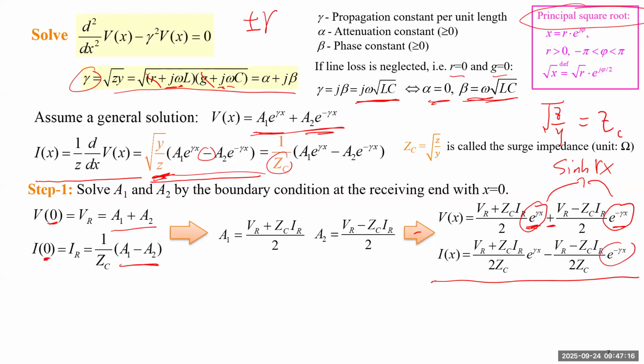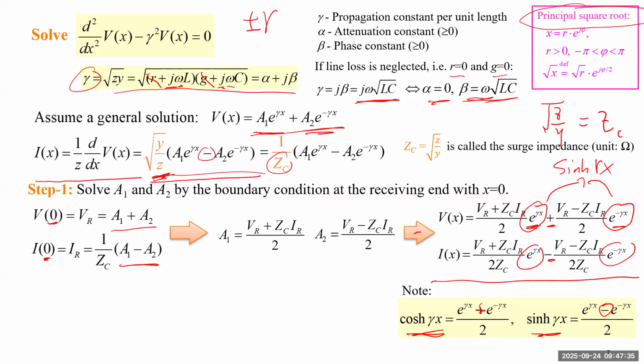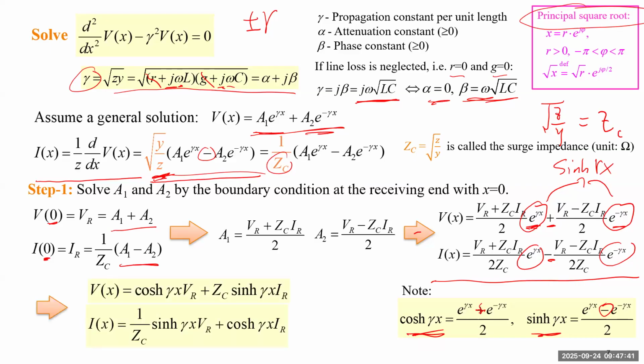The other one, the difference, can be simplified by the cosh function. Okay, no, opposite way, sorry. If you calculate the sum, you have the cosh function, and the difference, you can introduce this sinh function. That will largely simplify those two equations into those two.